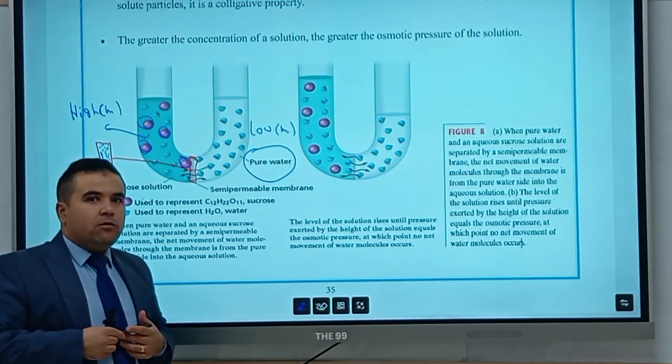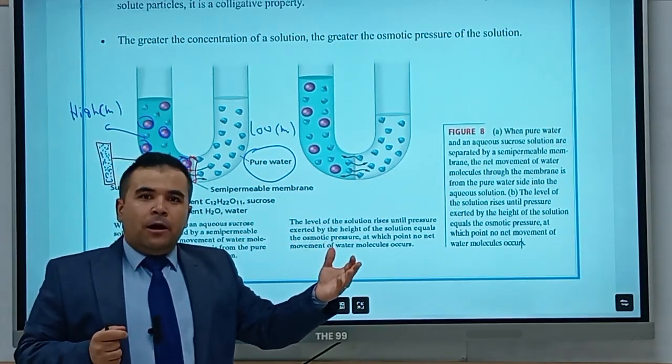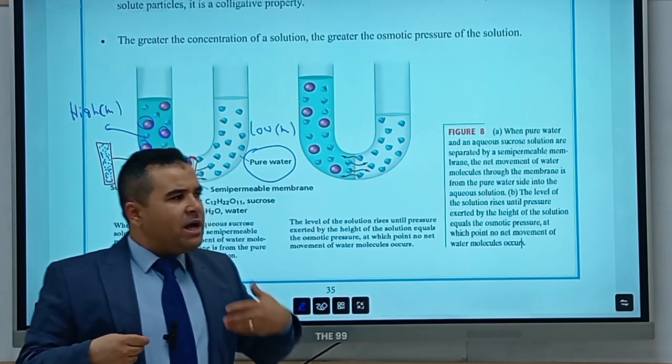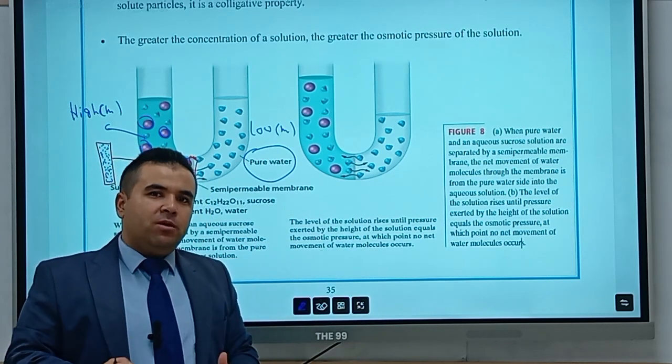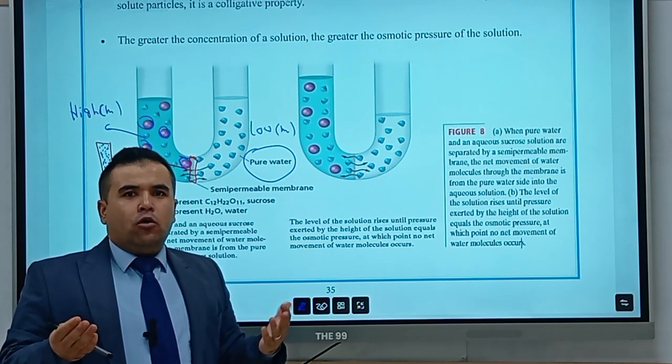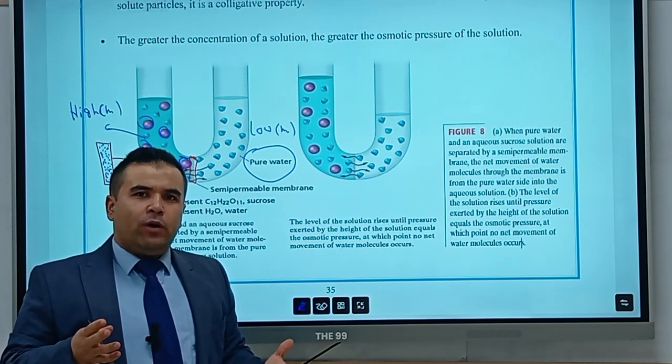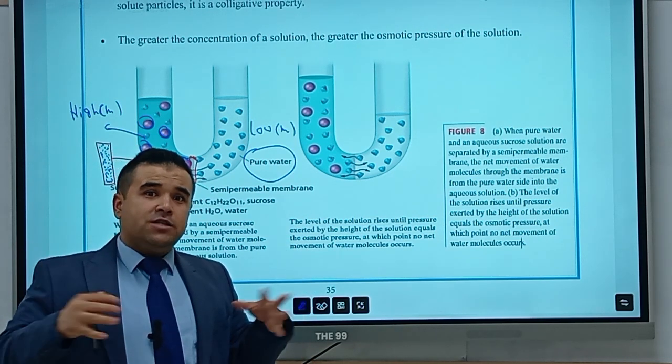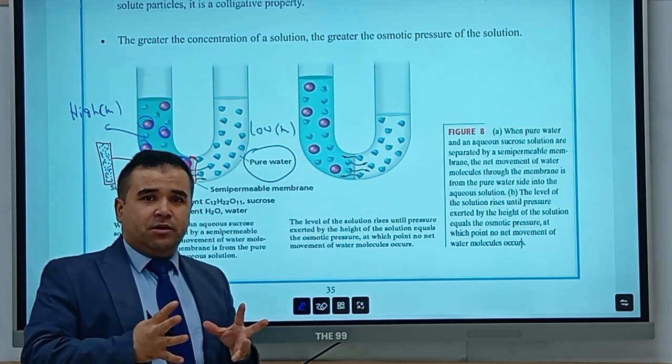So for example, for a door, a human being can pass through a door. Why? Because the size of a human being is smaller than a door. But an elephant or a truck cannot pass through a door. Why? Because the size of the truck is much larger than the size of the opening.